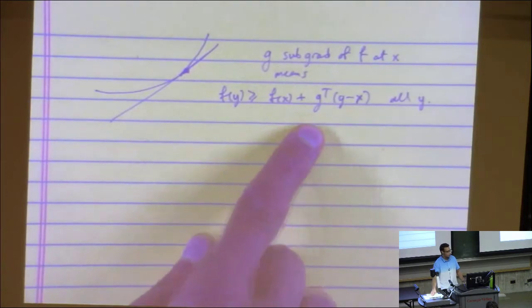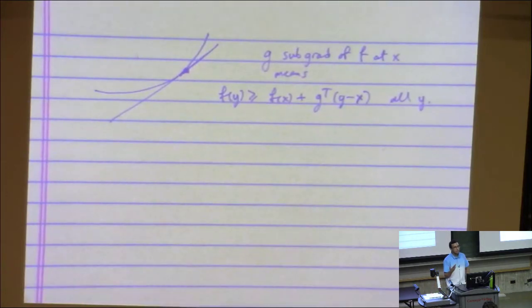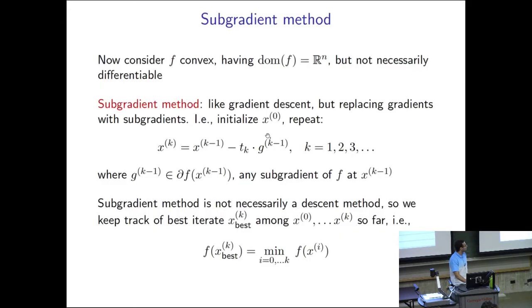It need not be unique. Right? If it was unique, then the function would be differentiable at that point. But in general, it need not be unique, so we just take any one of them, any subgradient, and move in the direction negative g. Okay, so just notationally, this g superscript k minus 1 is a subgradient, or is in the subdifferential of f at the point xk minus 1, this current iterate.